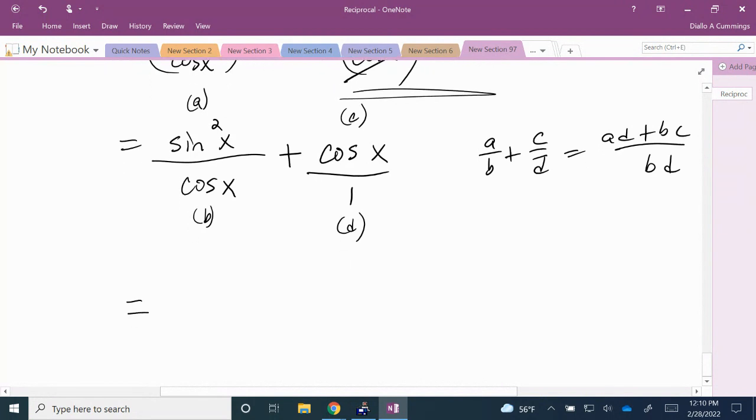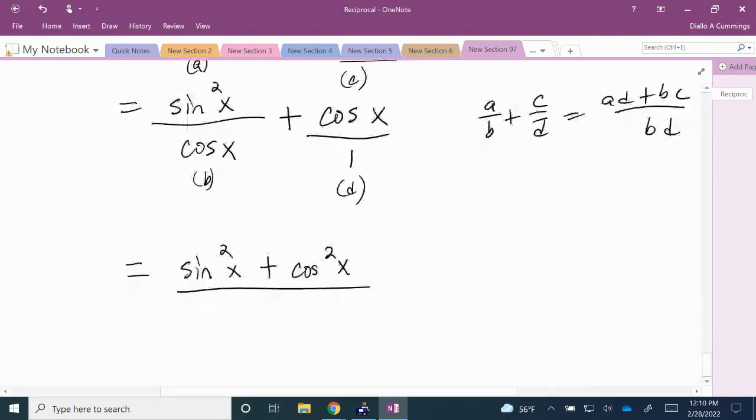All right, so I'm going to cross multiply A times D, so sine squared x times 1 is sine squared x. Okay, so we're adding, so that's a plus. I'm going to cross multiply B times C. Right, cosine x times cosine x is cosine squared x. And I'm going to multiply the denominators.